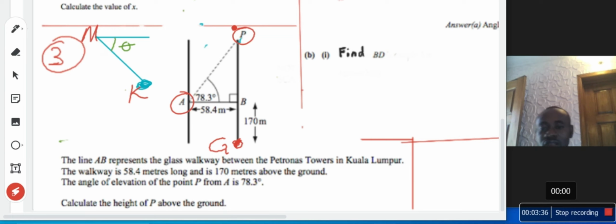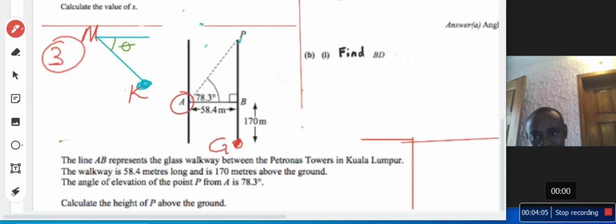All right, let's go. So we have to find P to G. It's not a big deal. All we need is just find here. We already know the distance from G to B, is it not? We're looking for opposite in this case.